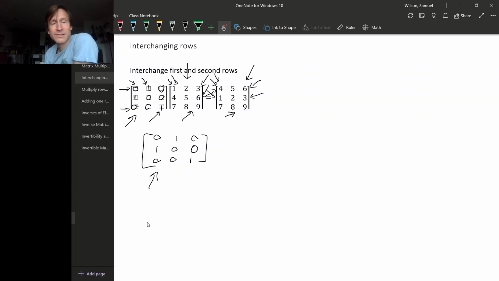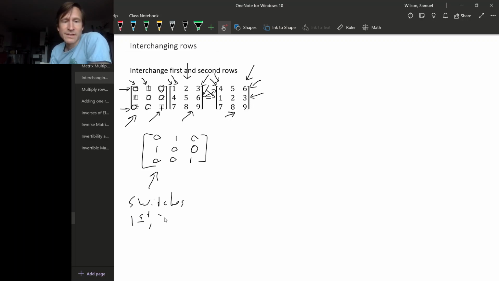When you use this matrix to multiply on the left, this matrix switches the first and the second row. So in some sense, this matrix is the row operation. We've rephrased switching rows as multiplication by a matrix.